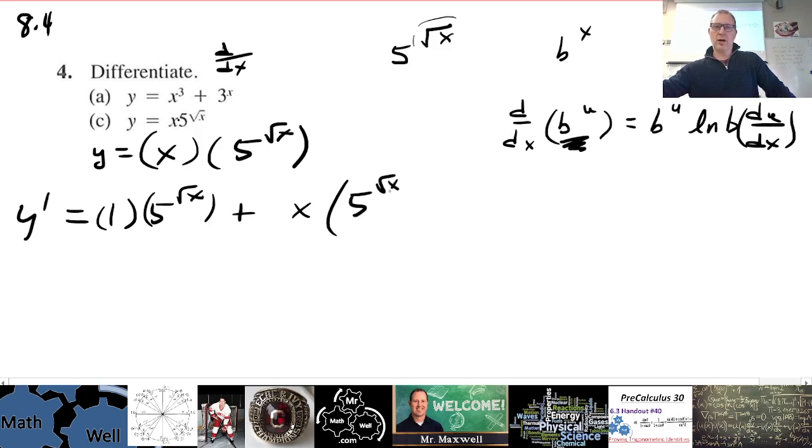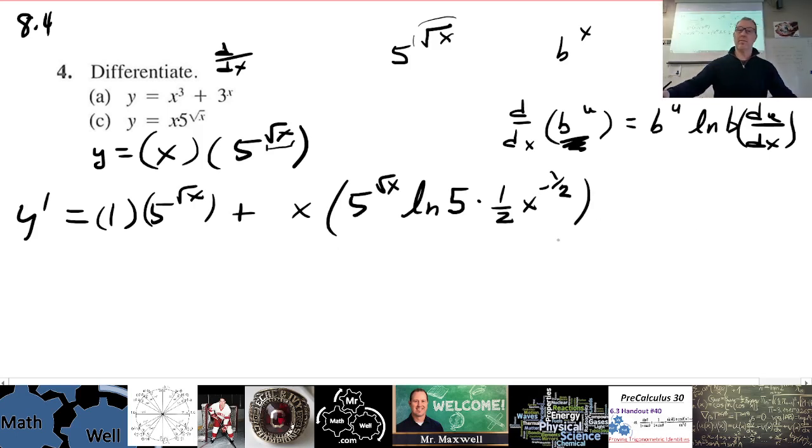It's always just itself. Then you're going to have to multiply by the natural logarithm of the base. That's 5. And then chain rule says I need to multiply by the derivative of this because I haven't taken the derivative of root x yet. So that's going to be times 1/2 x to the negative 1/2. Is that right? Yeah, okay, so that gets a bit messy there, but that's the derivative of 5 to the power of root x. Everybody okay with that?